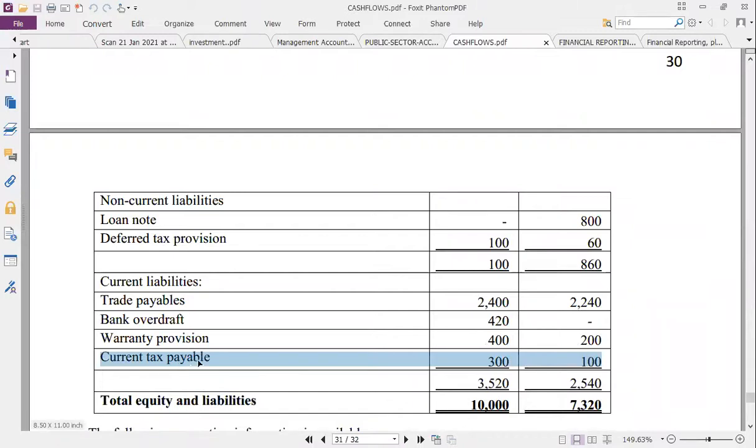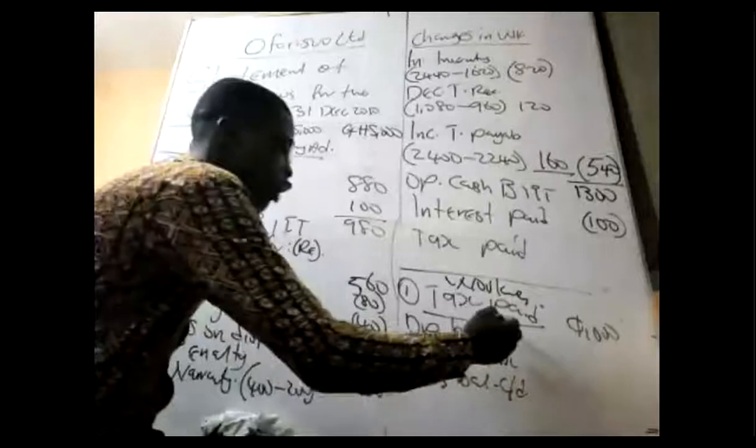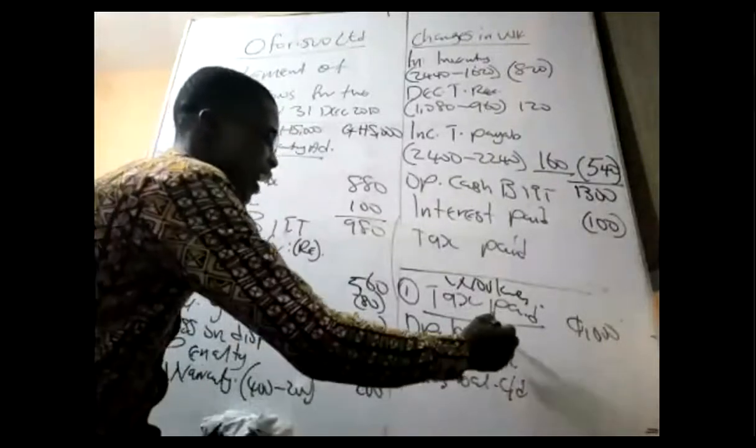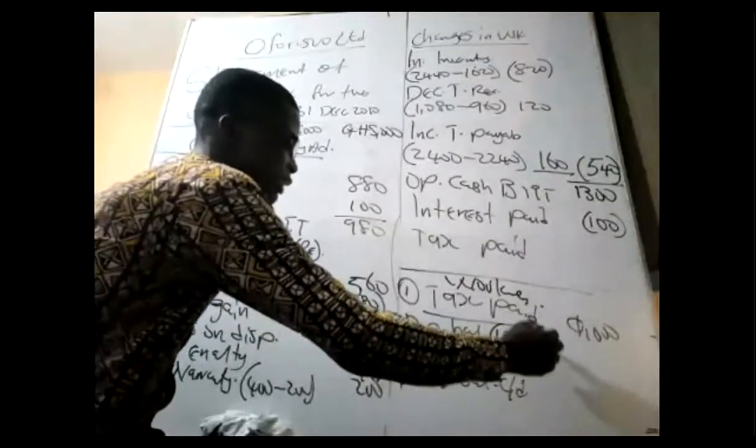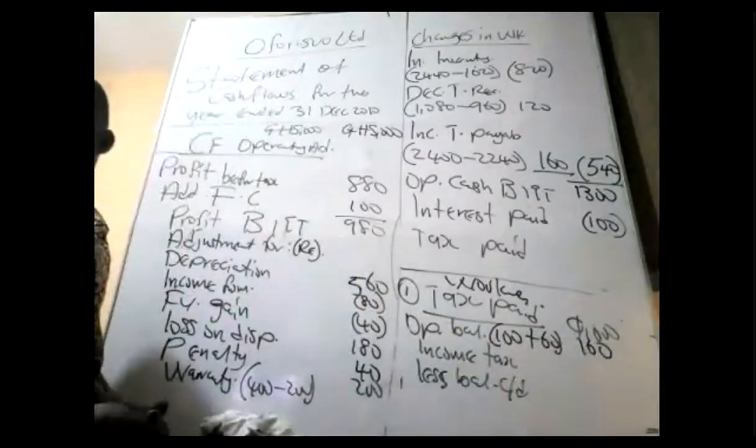That means I'll pick the current year opening, 100, plus the deferred tax opening, which is 60. The examiner is giving you more things, so add: 100 plus 60. I open a bracket, 100 plus 60. That will give me 160. That's the opening balance.